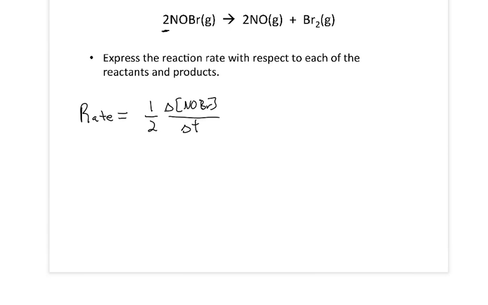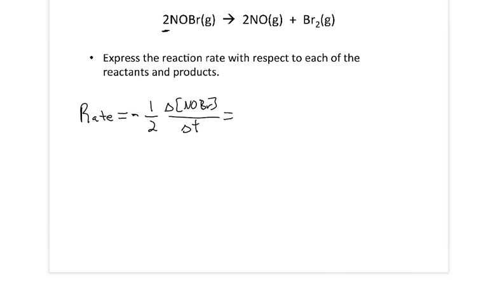Now the other thing I have to realize is that the reactants are going to be decreasing. For the products, they're going to be increasing. So we like the reaction rates to always come out to be positive. So for the reactants, in addition to multiplying by the inverse of the stoichiometric coefficient, I also have to include a negative sign. So it's minus 1/2 the change in NOBr with respect to time.